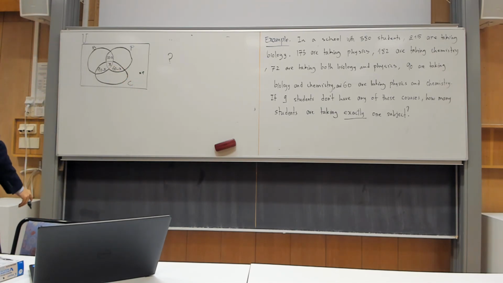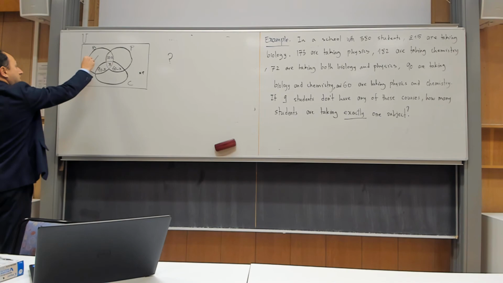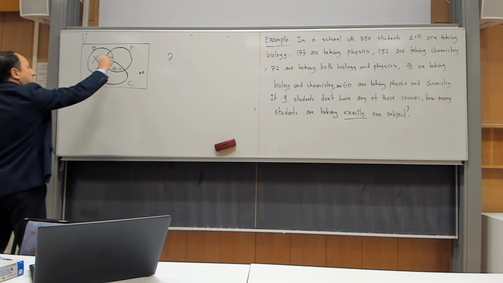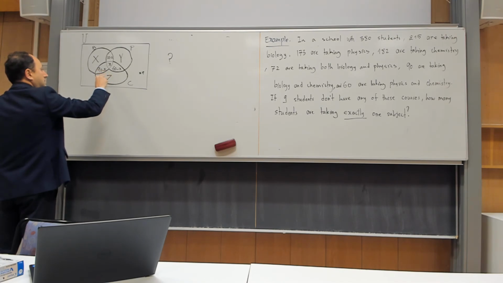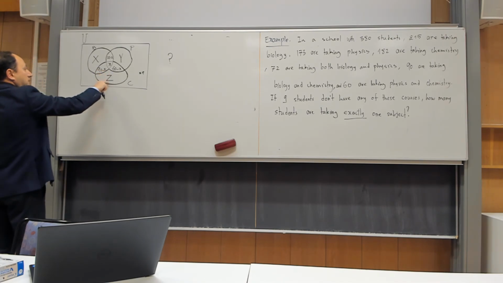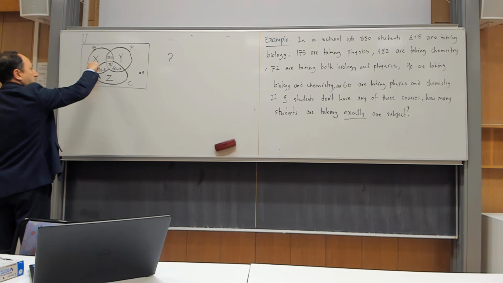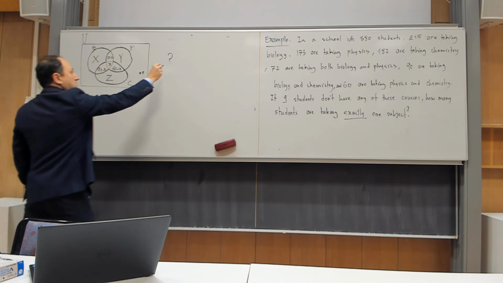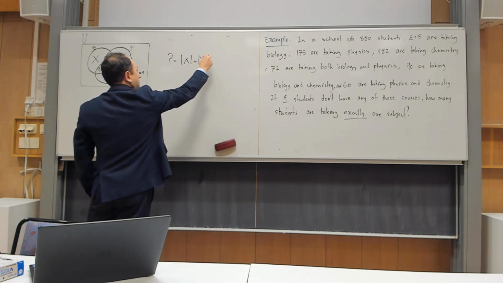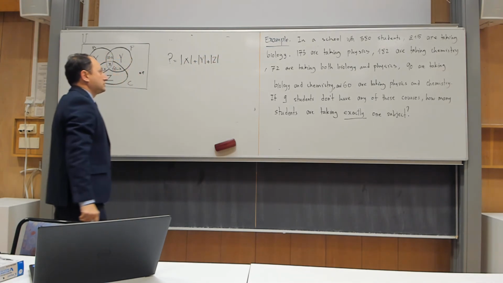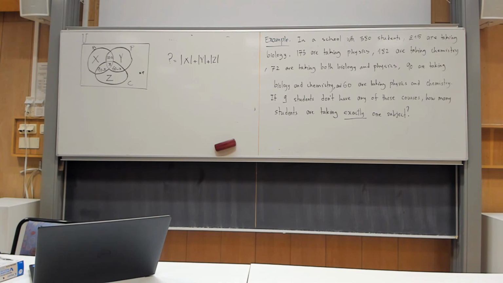Yes? You should also consider this one. So for example, if I call this subset X, this subset Y, this subset Z, I am calling these regions X, Y, and Z. So the question mark is the cardinality of X plus the cardinality of Y plus the cardinality of Z. This is what I want to know.